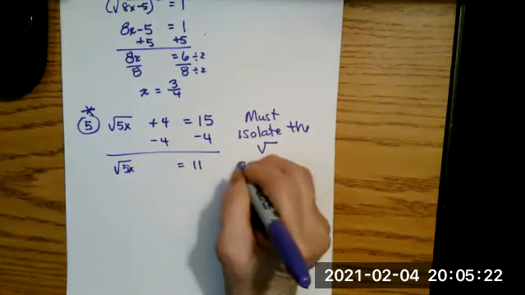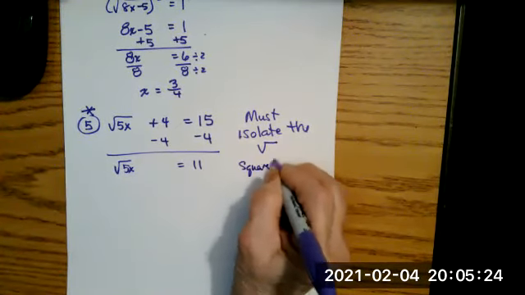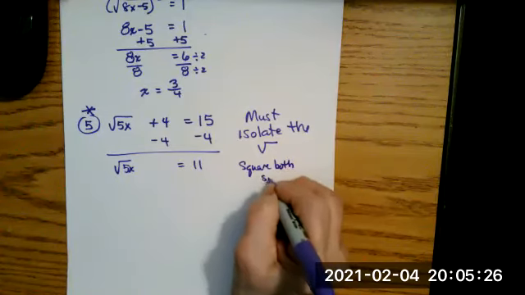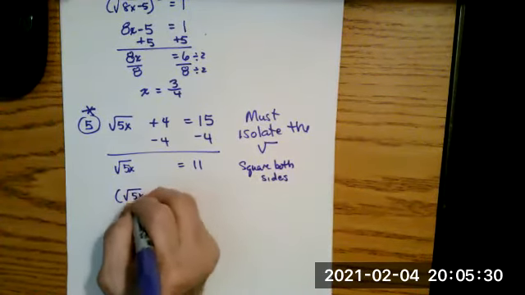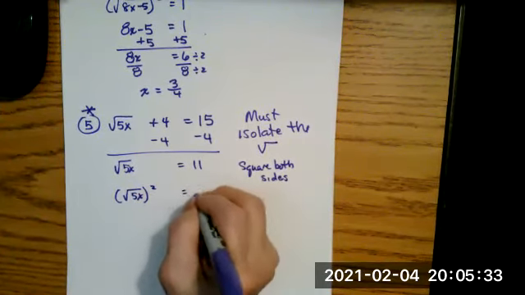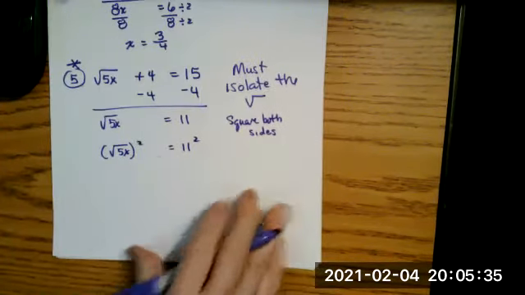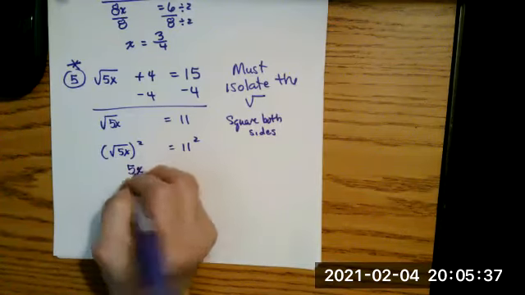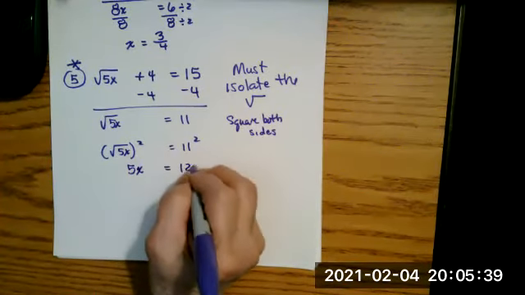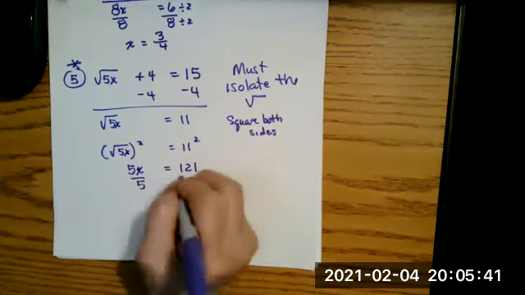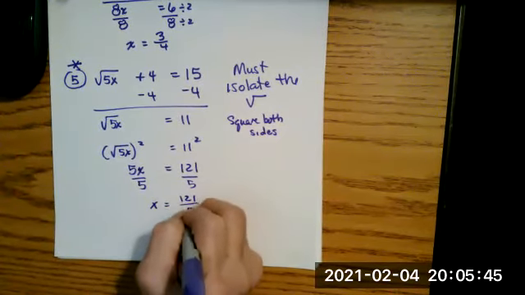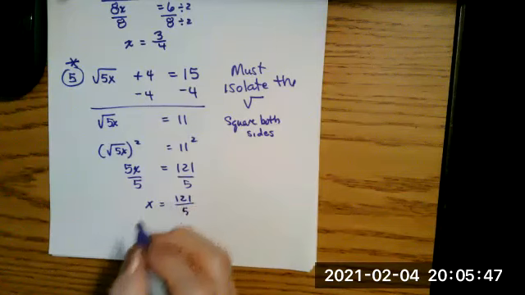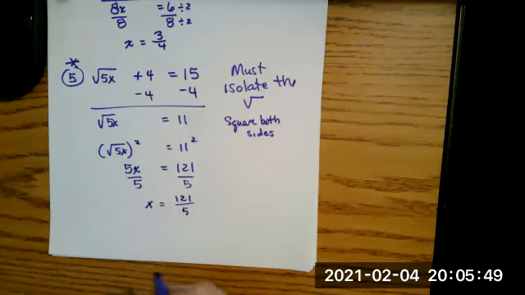Now square both sides. When you square both sides now, you're going to have the square root of 5x squared equals 11 squared, which is 5x equals 121, and dividing out the 5 gives you 121/5. So be sure that you isolate that radical first.